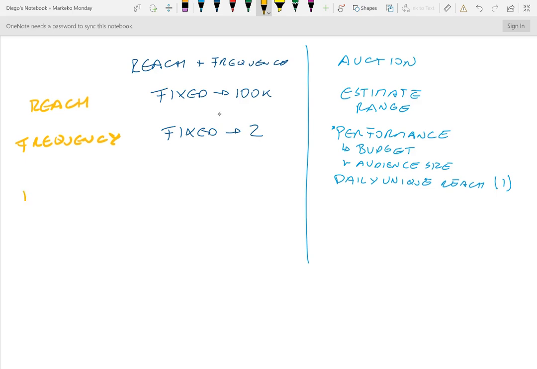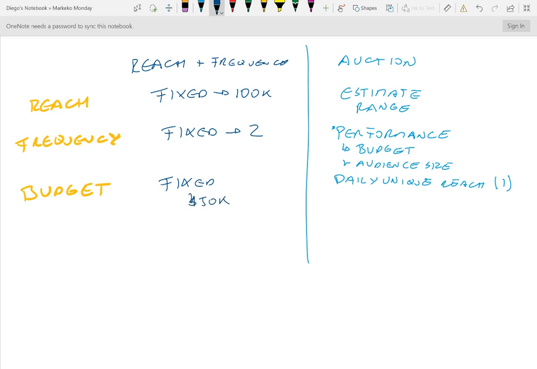And three, you want to know about budget. With budget, again, this is going to be fixed, and yes, it's going to be estimated by Facebook. If I want to reach 100,000 people twice for a certain amount of time, Facebook will say that's going to cost you $50,000.